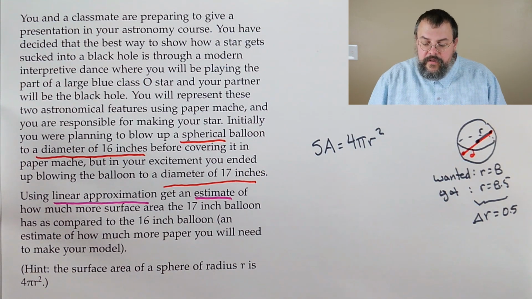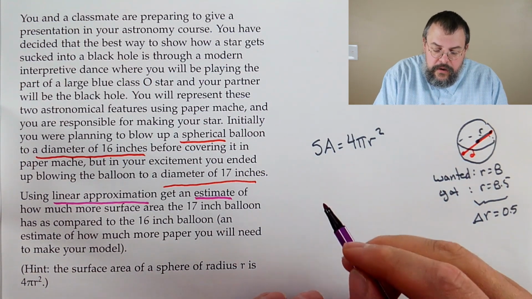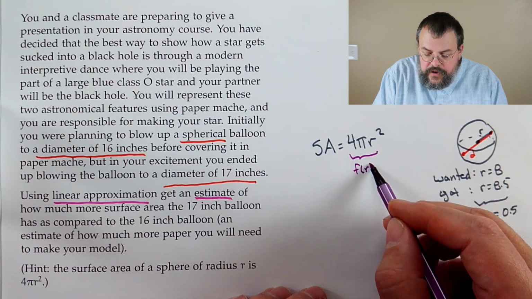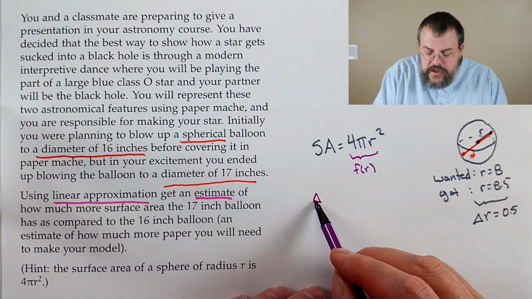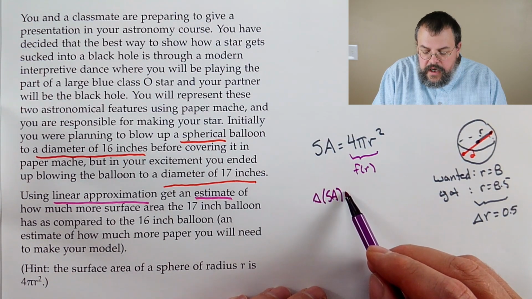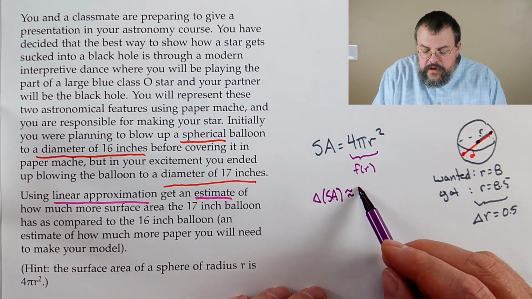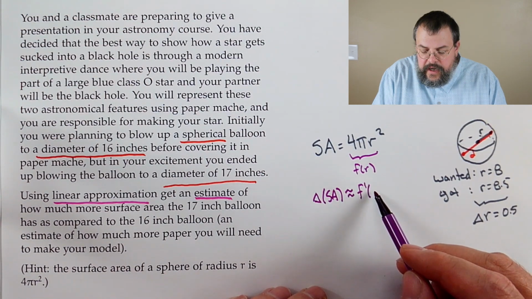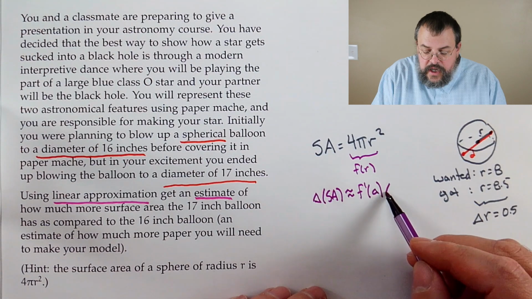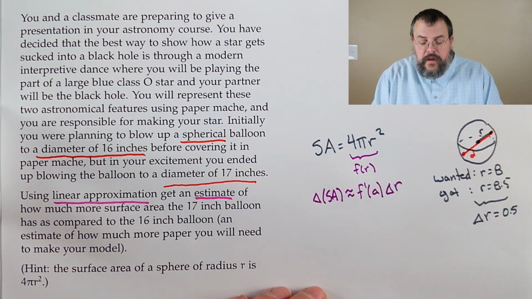And the basic philosophy would say, well, let's call this our function f of r for shorthand. Our change in our output, which is surface area, would be approximately the derivative of our surface area at some desired point times our change in our input.